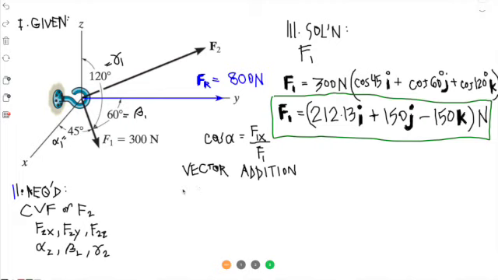Our resultant force is just equal to F1 plus F2.